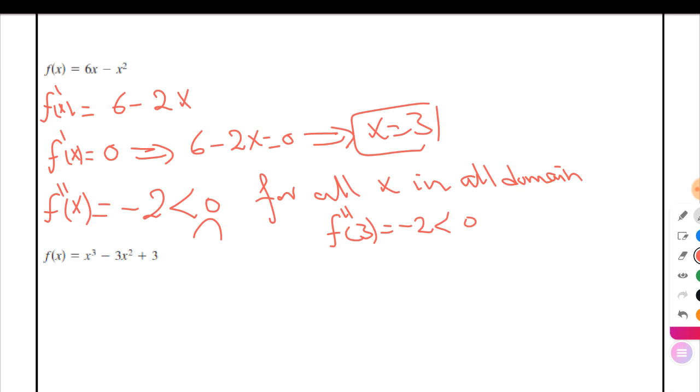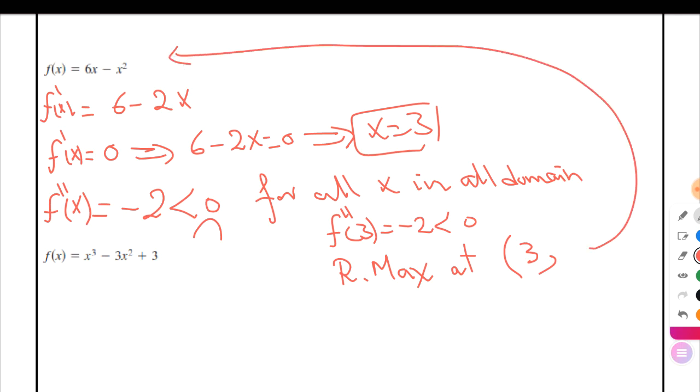Okay, so there is a relative maximum at the value x equals 3, and f(3), which we find by replacing in the original function, will be 9. So this function has a relative maximum at the point (3, 9).